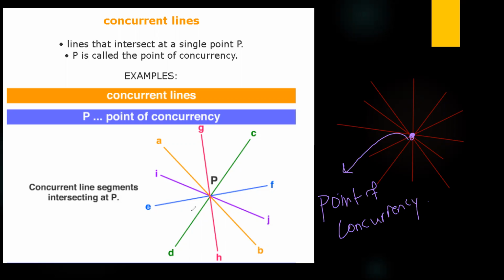All of them intersect in one point. When they intersect in one point, we call them concurrent lines. And the point where they intersect is the point of concurrency, which is here, point B.